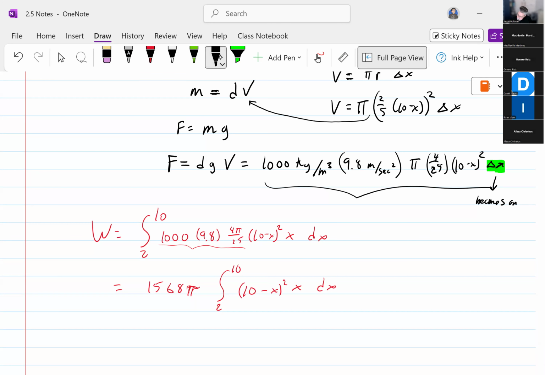So this delta x becomes an x, and the reason it becomes an x is because it's really not area, it's volume. So we do have to take into account that we have a third dimension.